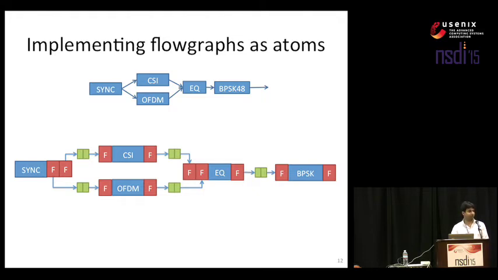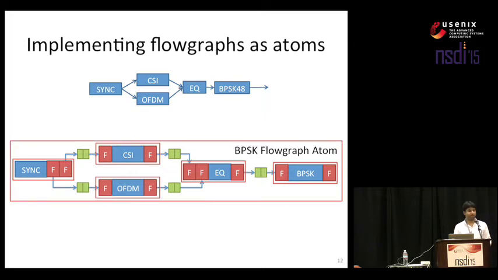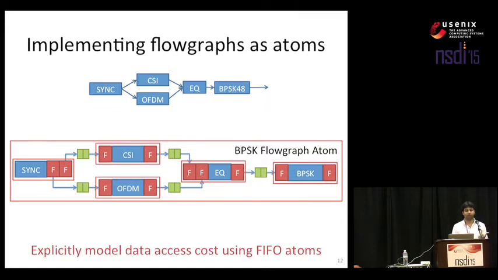Depending on how many FIFOs a block wires to, you can precisely calculate the resulting atom computation time for each of these wired atoms. And at that point, your flow graph is wired by the data flow graph, and it is made up entirely out of atoms. Because of composability of atoms, your flow graph itself is an atom at this point. So the principle is the same, which is to explicitly model all costs in the system. And in this particular case, we are modeling access costs of FIFOs as atoms themselves.